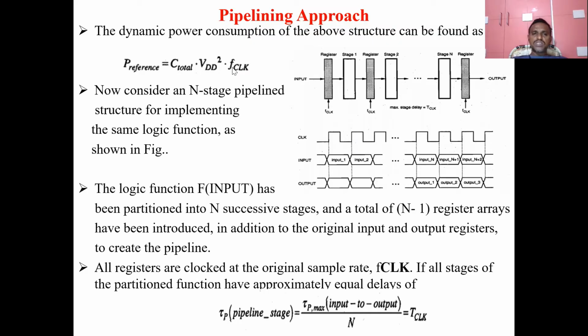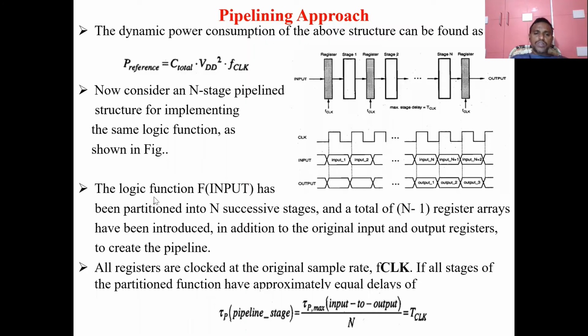This is the single stage logic function dynamic power consumption that we have discussed. Now I am taking this single stage logic function and splitting it into n number of stages, so that it becomes the pipelining approach.